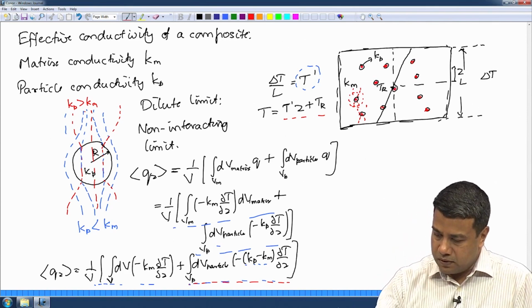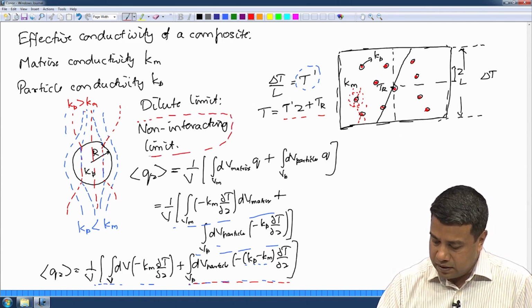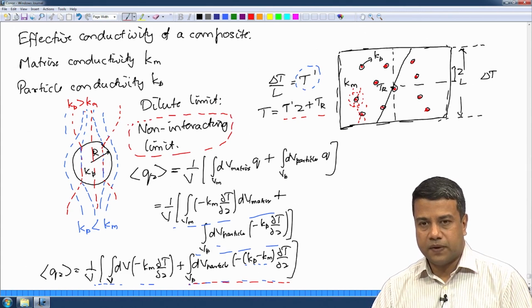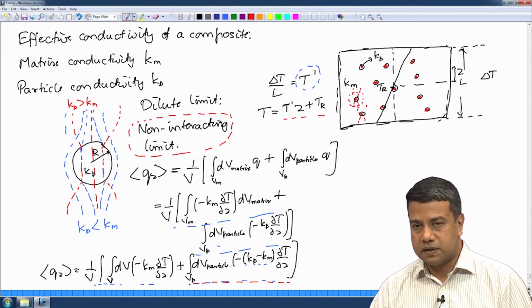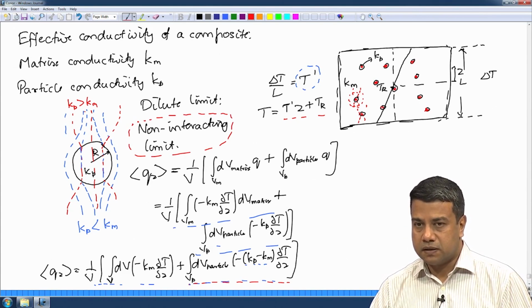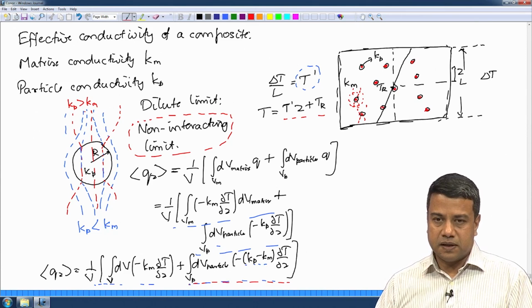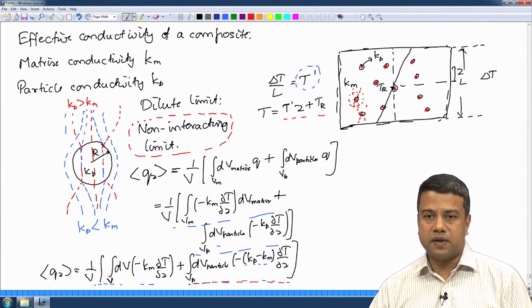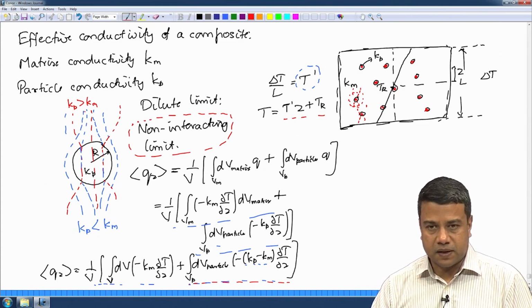However, I also told you that we were considering it in the dilute non-interacting limit, where the temperature gradient around one particle does not affect the temperature around another particle. So, in the non-interacting, dilute regime, each particle effectively sees a linear temperature gradient far from the particle. It is embedded in a temperature field which has a linear temperature gradient far from the particle.